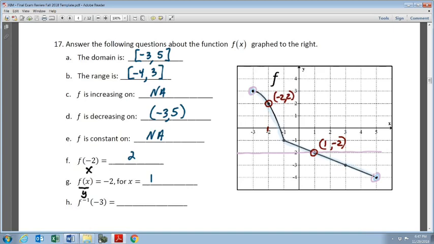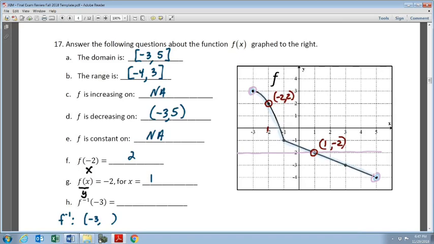All right, if you look at H, some students really struggle with this kind of problem. Inverse functions, there's just some things you have to remember about inverse functions. I'm going to go ahead and write the point that's on the graph of the inverse function. We're looking for, well, this point has an x value or an input of -3. We're looking for the corresponding y value.